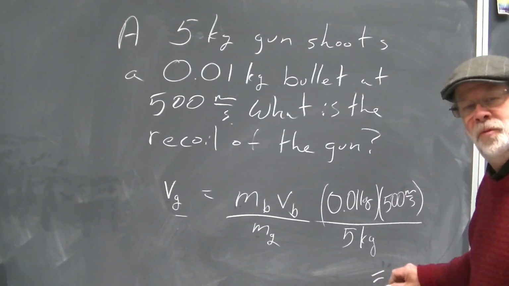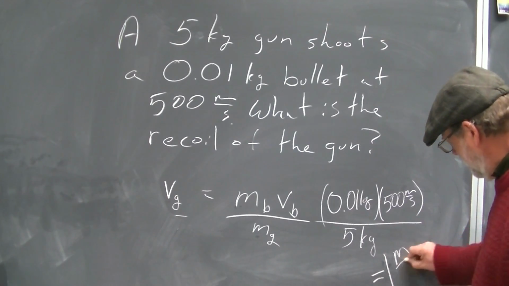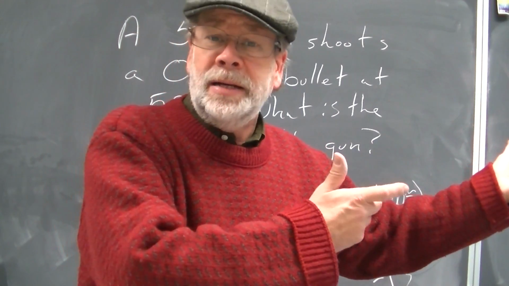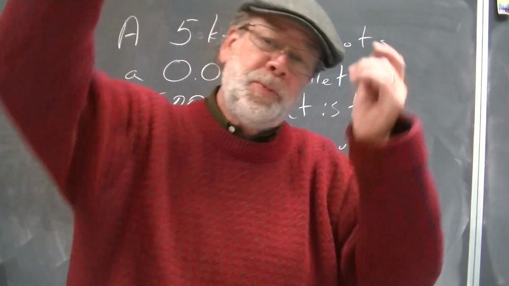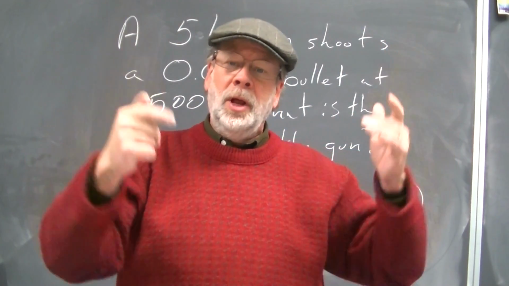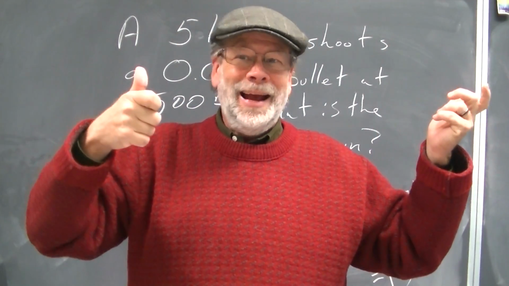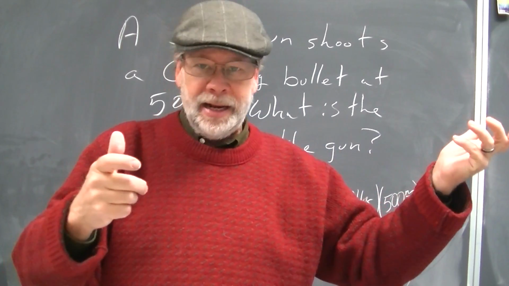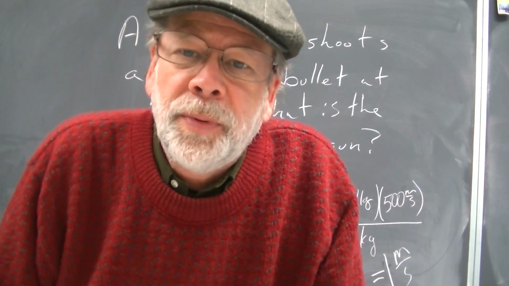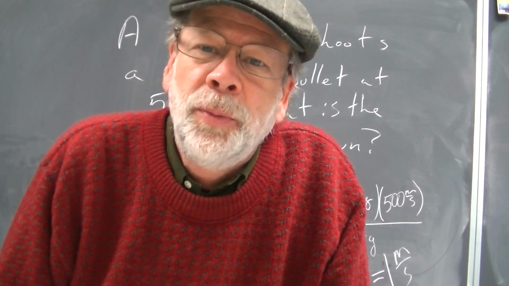The gun is going to be moving backward at 1 meter per second. And that's about what a gun does. Now, you're holding the gun so it stops, but if you could think about it suspended on a very long cable, when you shoot that gun, wouldn't it be reasonable to see that gun push backward at a speed of approximately 1 meter per second? Seems pretty reasonable to me.